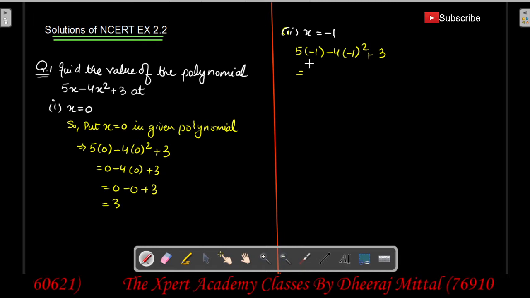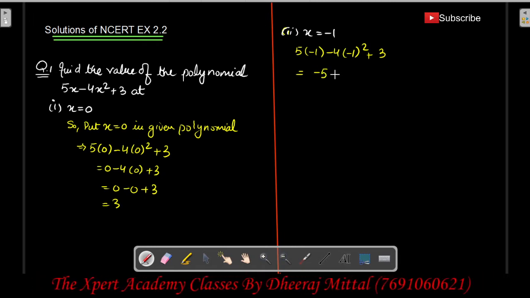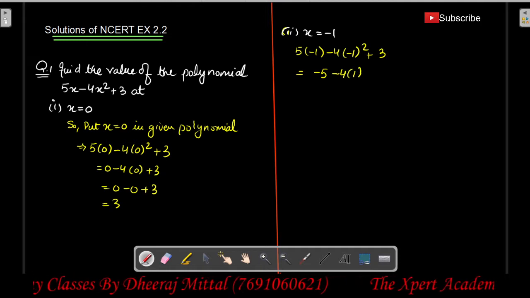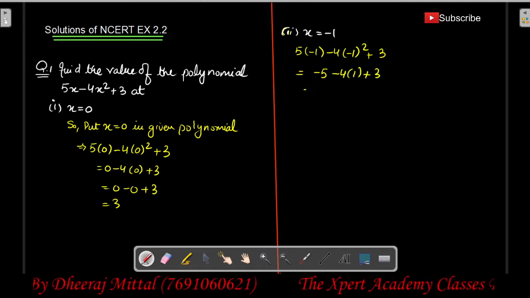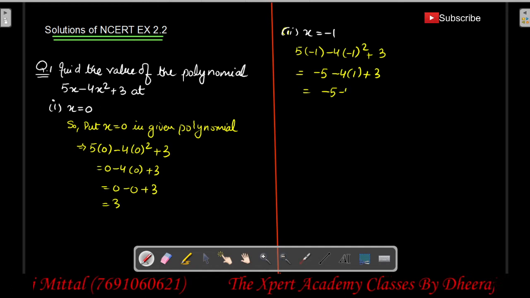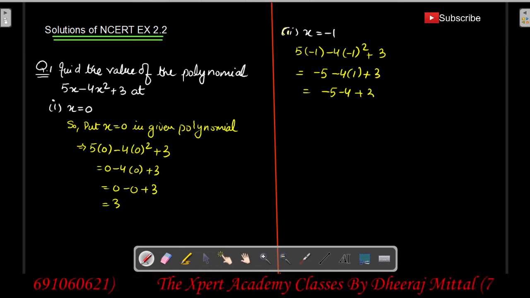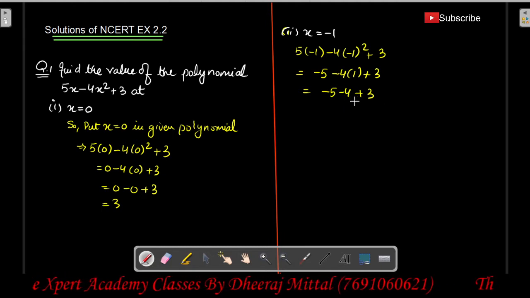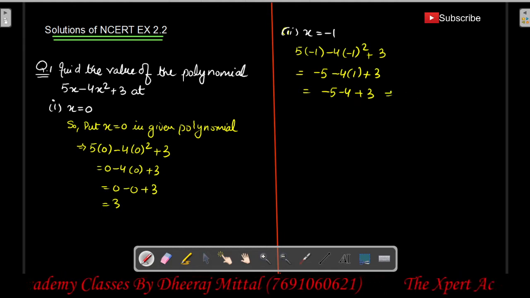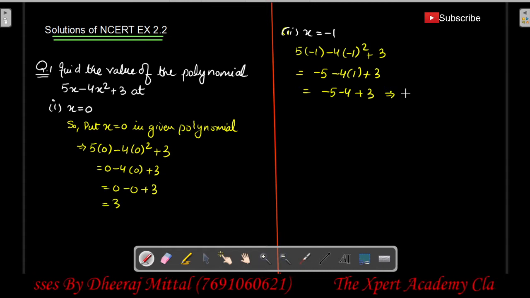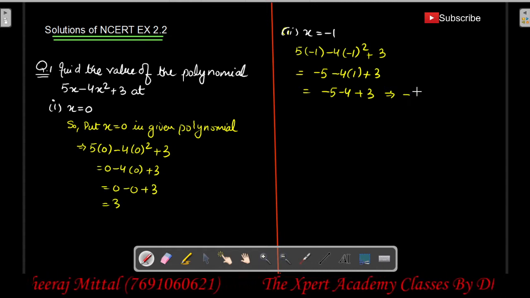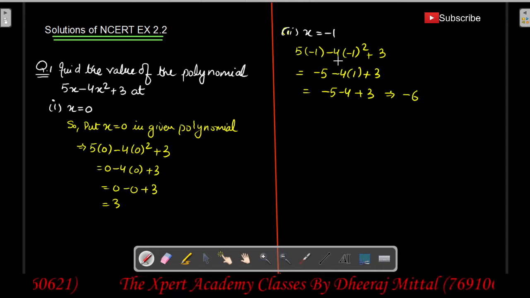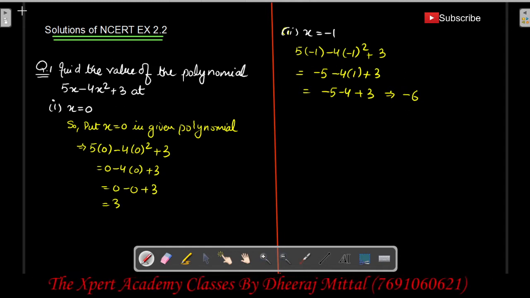So it will be equal to 5 into minus 1, that is minus 5, minus 4, minus 1 square, that is 1, plus 3. So this is equal to minus 5 minus 4 plus 3. Minus 5 and minus 4 gives minus 9, plus 3, that equals minus 6. So minus 6 is the answer at x is equal to minus 1.